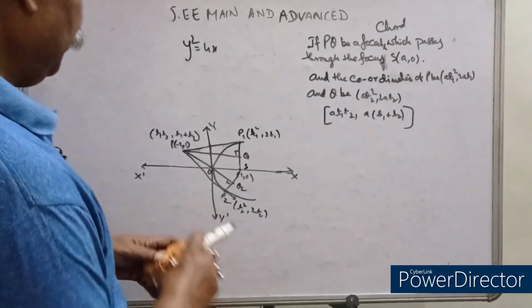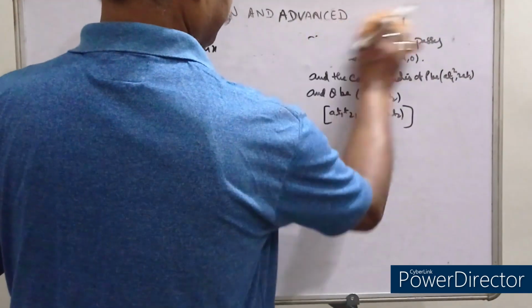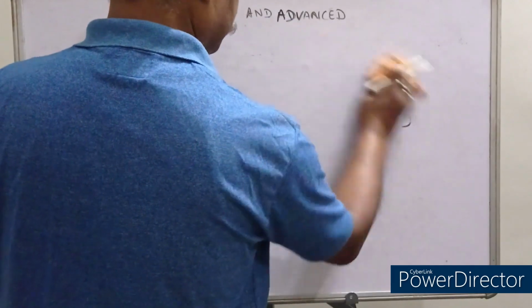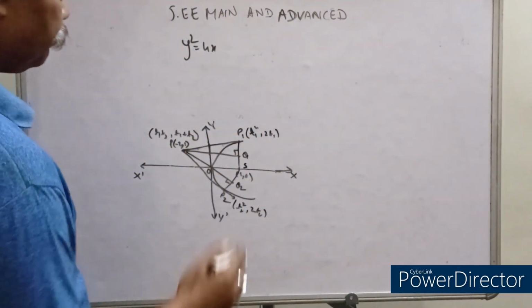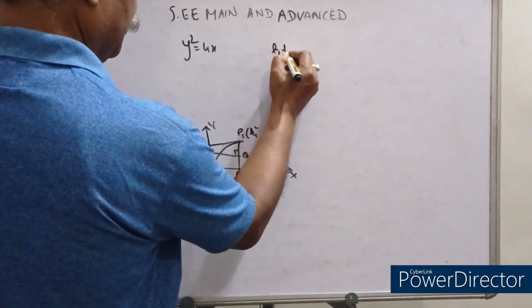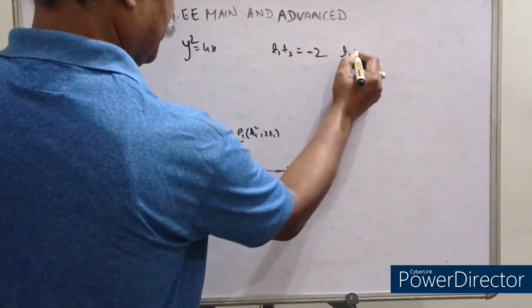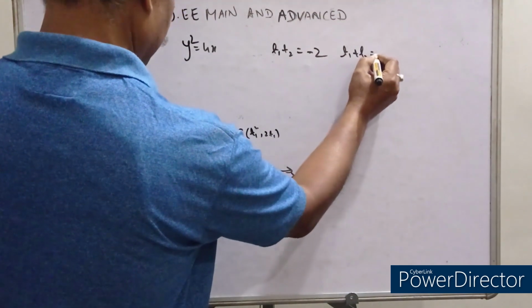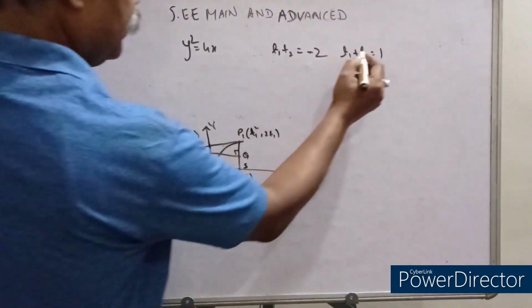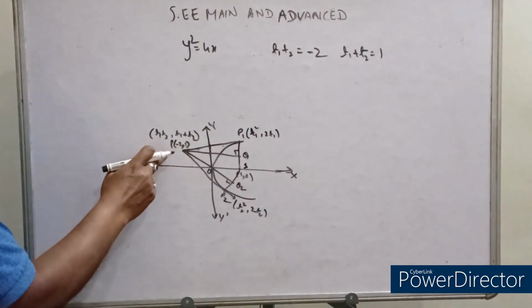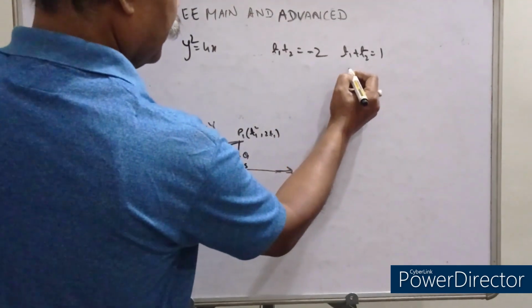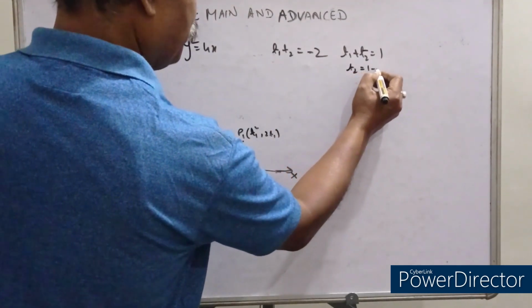Now you see that t1t2 is equal to minus 2, and t1 plus t2 is equal to 1. So now t2 is equal to 1 minus t1.